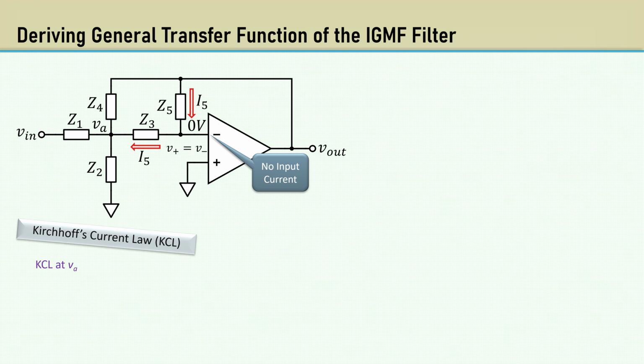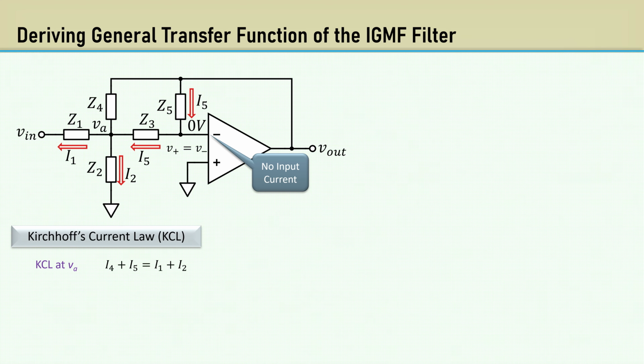Using KCL at VA, we can write I4 plus I5 equals I1 plus I2. Using Ohm's law, we can write I1 equals VA minus VN over Z1. I2 equals VA over Z2.